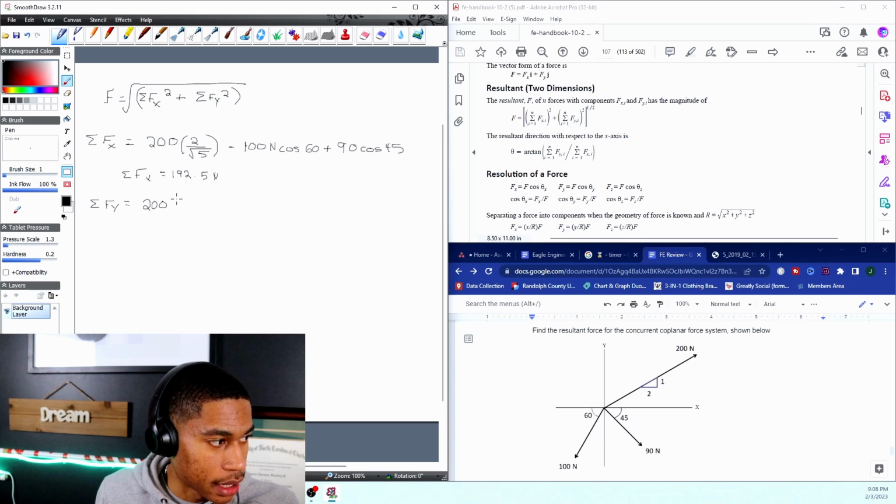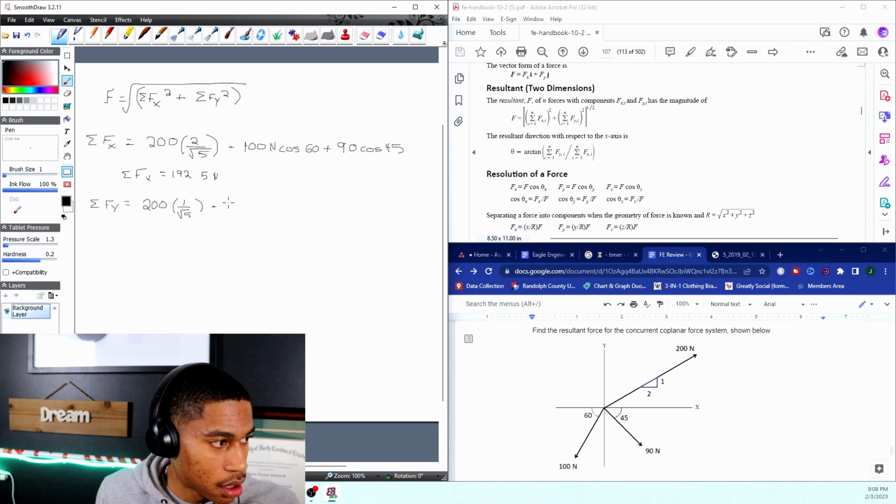This time we have 1 divided by the square root of 5. And then, all right, for the 100 newton, that's a negative force. It's pointing downwards in the y.